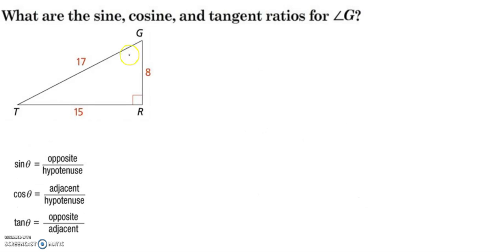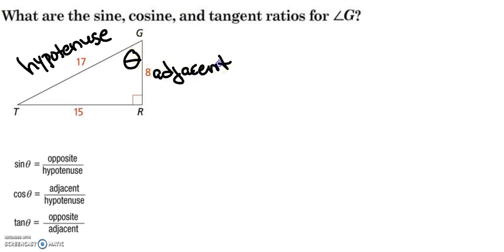Okay, so now how does this change if my theta was now at angle G? 17 is still the hypotenuse. But now, because theta is up here, the 8 is now the adjacent side, and the 15 now becomes the opposite side.